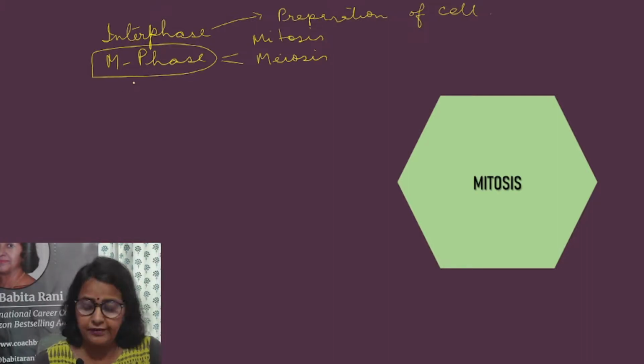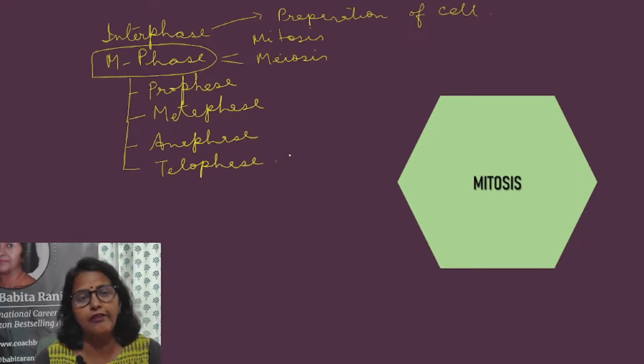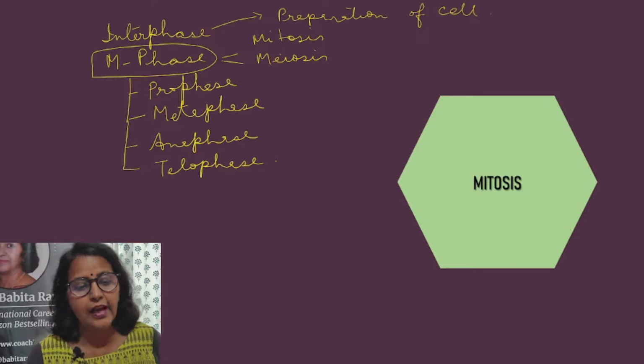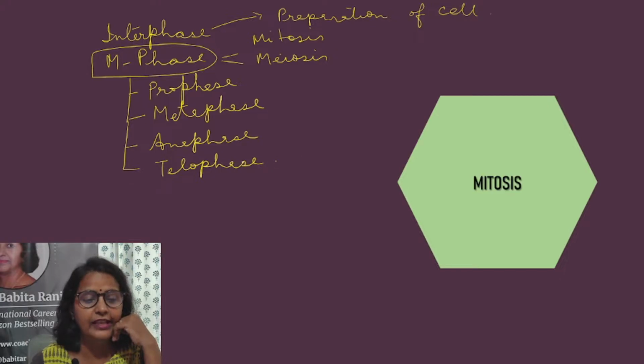This division is further divided into 4 different phases: prophase, metaphase, anaphase and telophase. So there are 4 phases in the M phase that take place in both mitosis and meiosis.